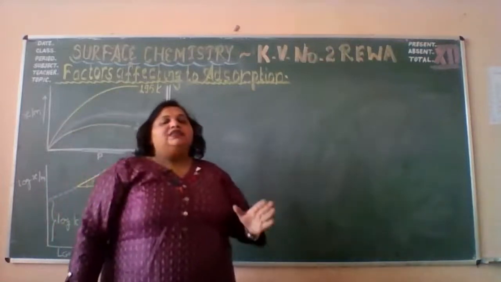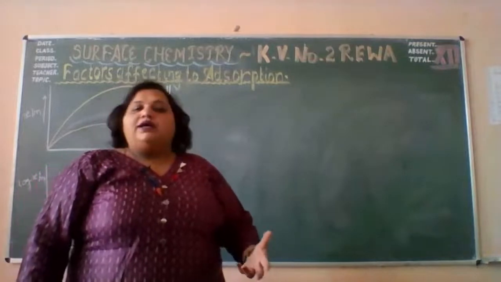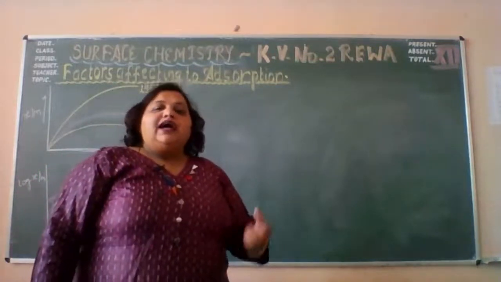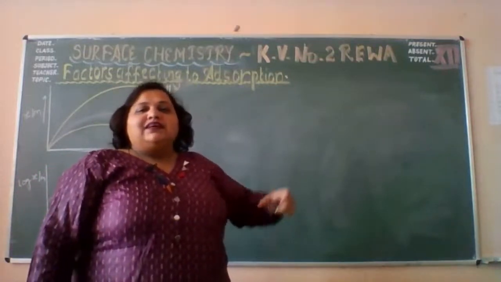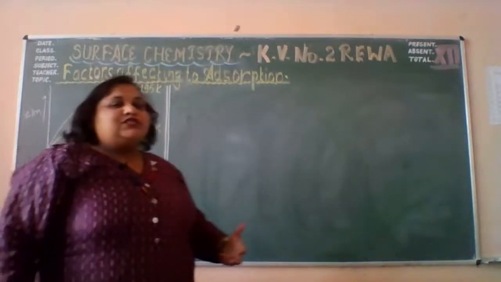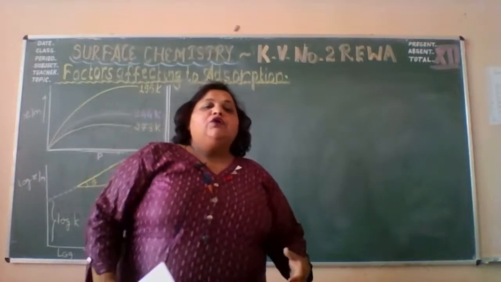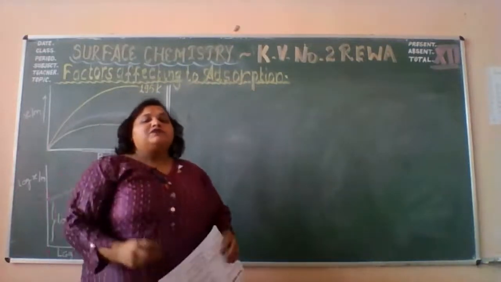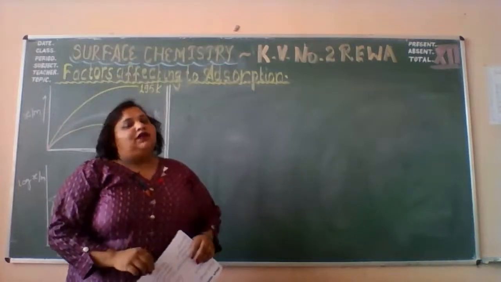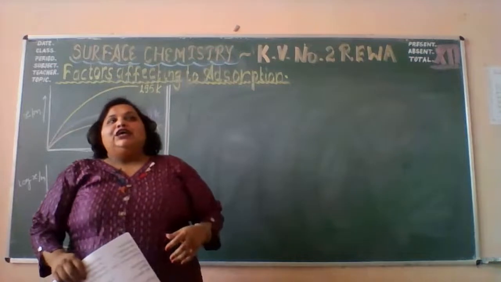Adsorbent and adsorbate. The surface is known as the adsorbent, and the material that sticks is the adsorbate. Absorption is another phenomenon, a bulk phenomenon. Whenever any substance moves inside another one, that is absorption.